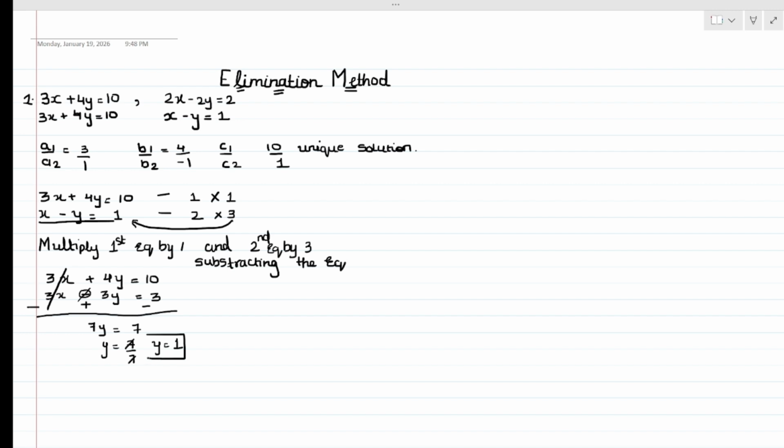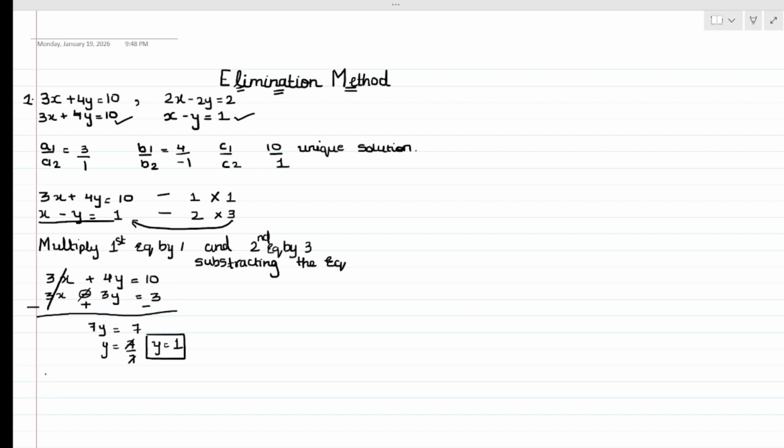Keep your answer in the box. Now, you got the value of y is equal to 1. What will be your next step? Now, you have to substitute this value of y in any of your equations. You can select this first equation, or any equation you want.